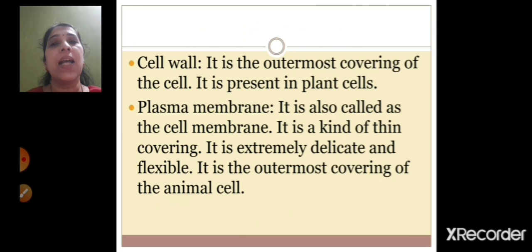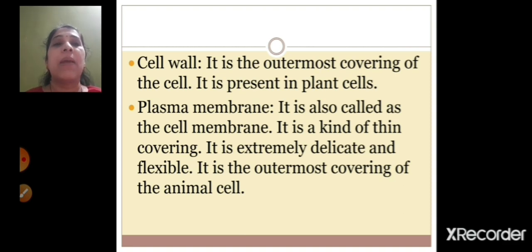So first is the cell wall. It is the outermost covering of the cell and it is present in plant cells. So the first covering, that is the outermost covering of the plant cell, is your cell wall. This cell wall is not present in the animal cell. Now next is the plasma membrane. The plasma membrane is also called the cell membrane, right?